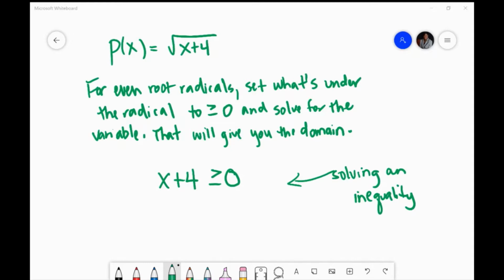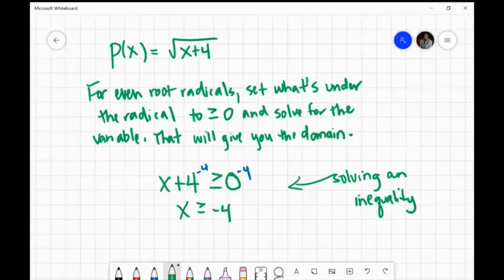In this case it's a simple one, so we don't have to deal with it. We subtract 4 here, so X has to be greater than or equal to negative 4.